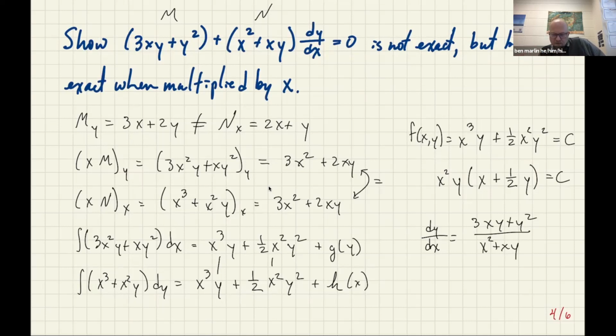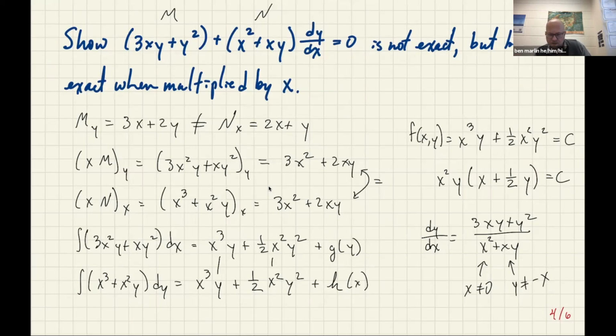So essentially for discontinuity, you want your x to not be 0, and then after you factor an x out there, you also want your y to not be equal to minus x, because both of those make discontinuities in that function.